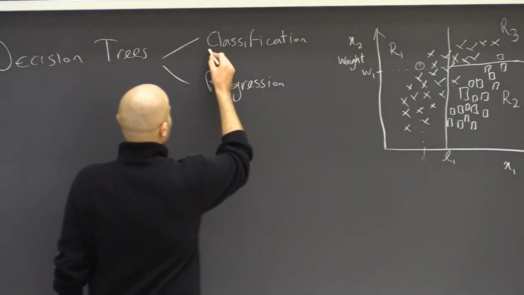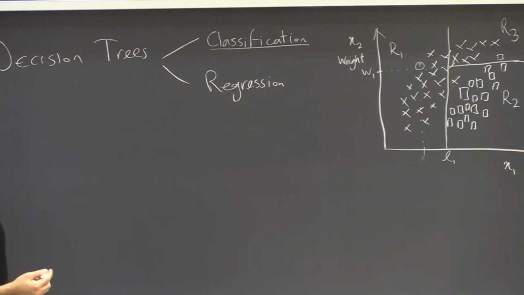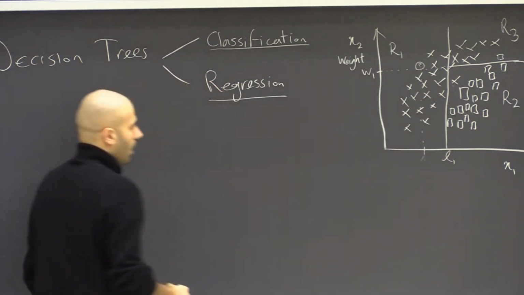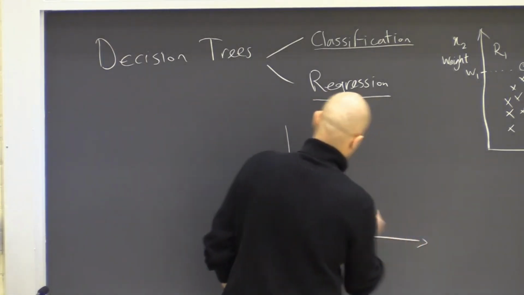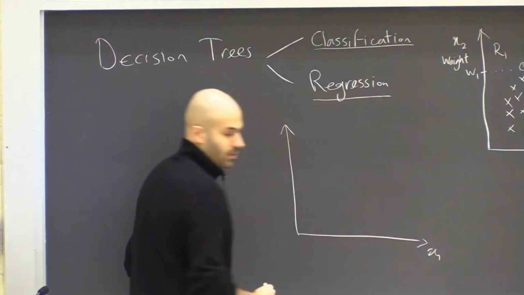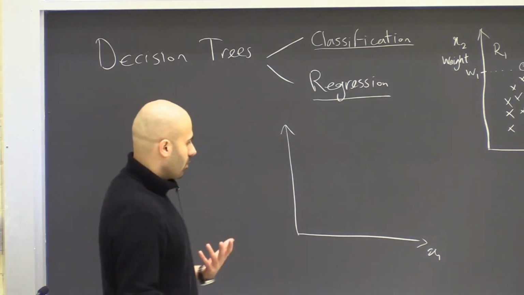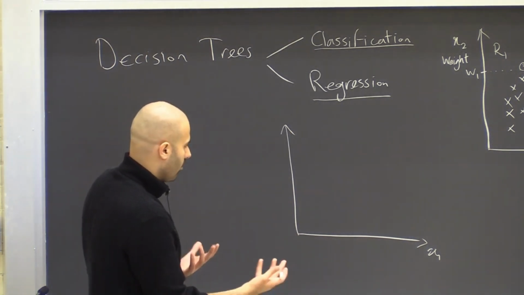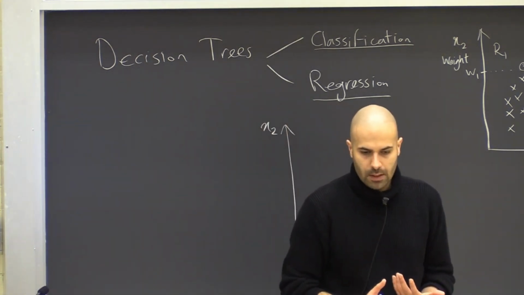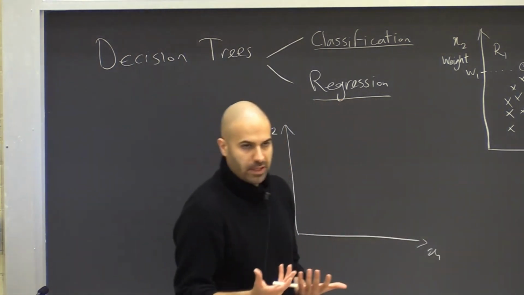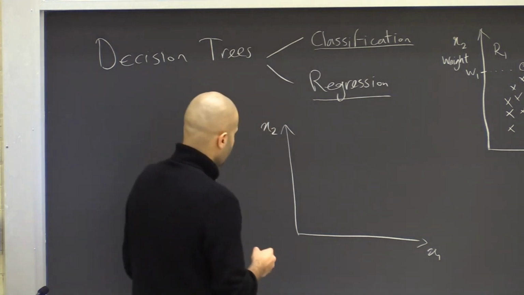In this example, we covered decision tree for classification, but we can also have decision tree for regression. Just to give you an idea, let's say we have our feature space here. We have x1 representing, let's say, the square feet of an apartment, and x2, maybe the number of bedrooms, right?